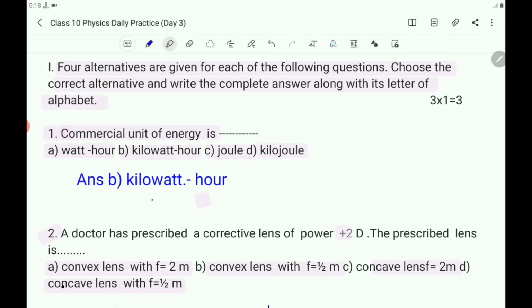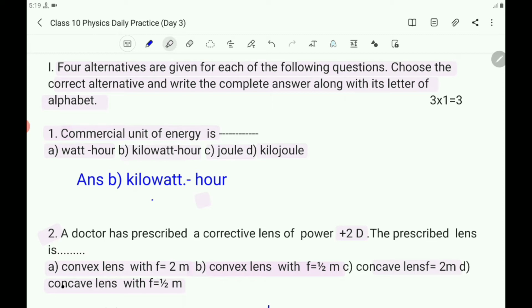Here the power of the lens is plus, so it must be a convex lens. And also you know that power is the reciprocal of the focal length. So here we have to take a convex lens with the reciprocal of 2, which is 1 by 2. So option B is the answer. What is that answer?